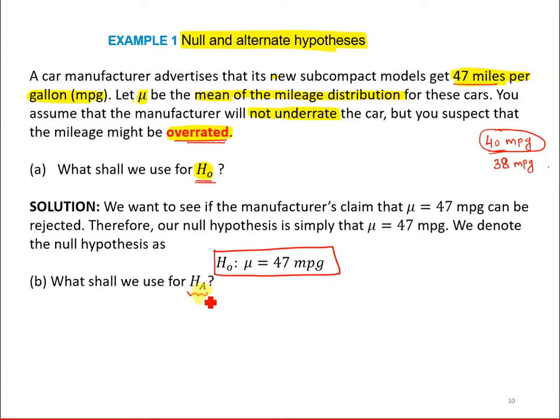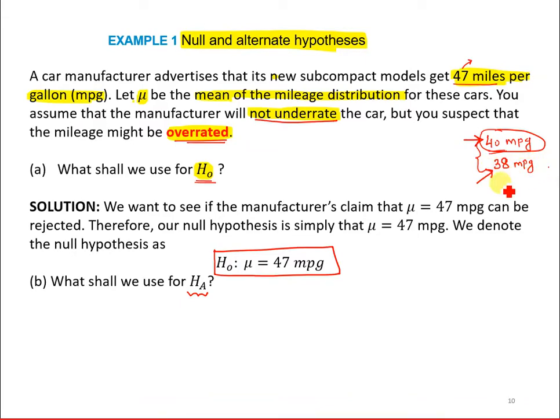To get the alternative hypothesis, we have to go with the previous experience. You assume that the manufacturer will not underrate, but you suspect that the mileage might be overrated. So if he is saying that the mileage is 47 miles, it can be less, like in the previous case, where he was claiming 40 miles per gallon, but it turned out to be only 38.